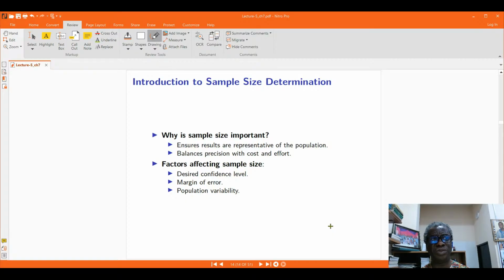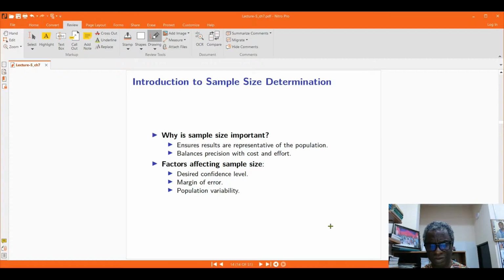So we want to just choose a sample size that is just adequate enough to guarantee accurate conclusions, and at the same time to optimize the resources available for the study. So we don't want to take too many samples, and at the same time too few.